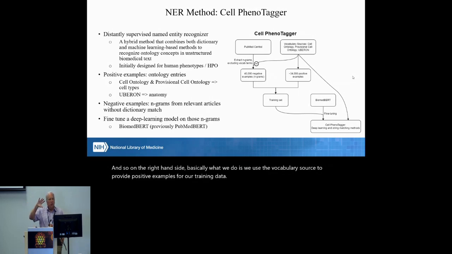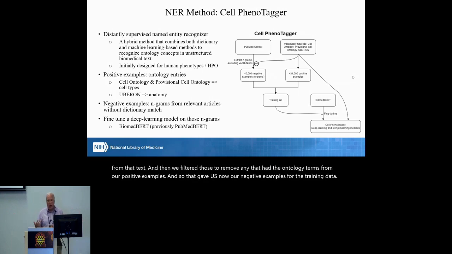Then we go into publications from PubMed Central, and we pull out 40,000 n-grams from that text. We filtered those to remove any that had the ontology terms from our positive examples. That gave us our negative examples for the training data.